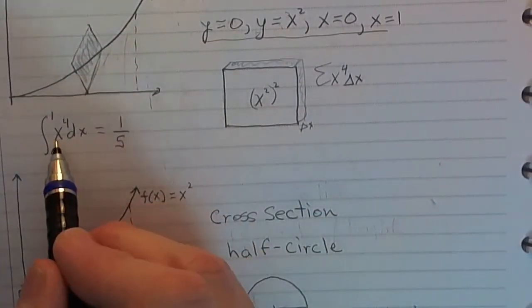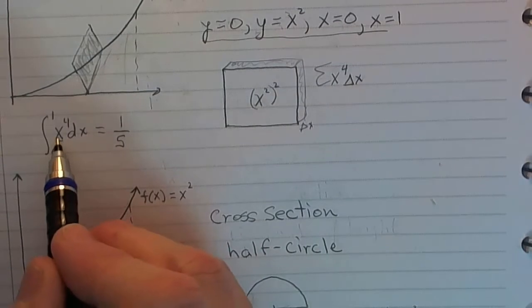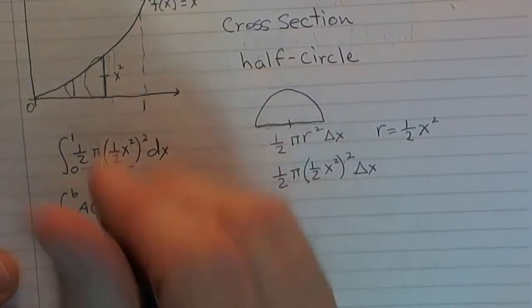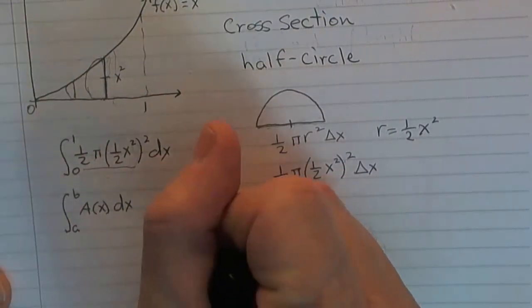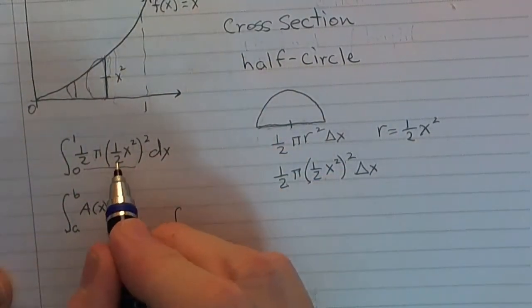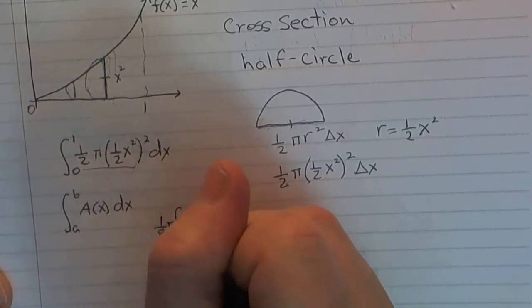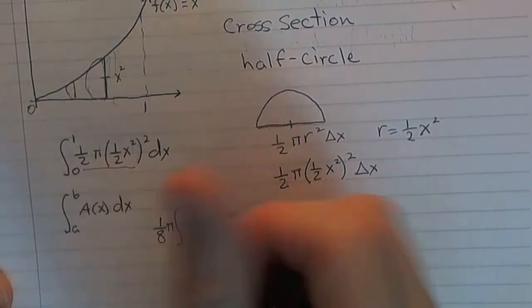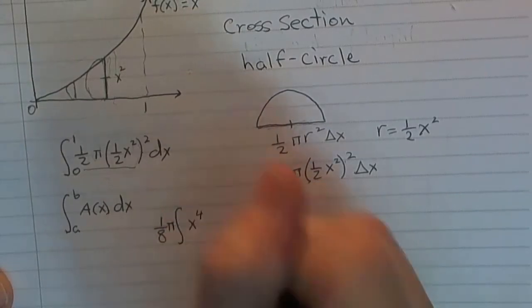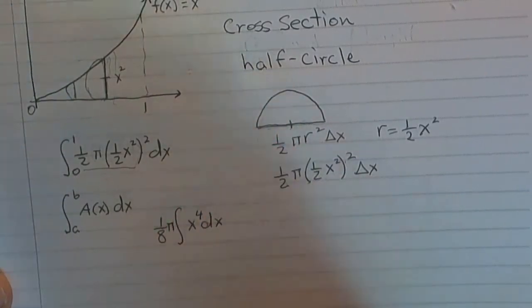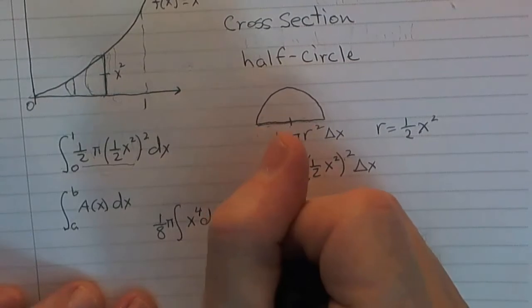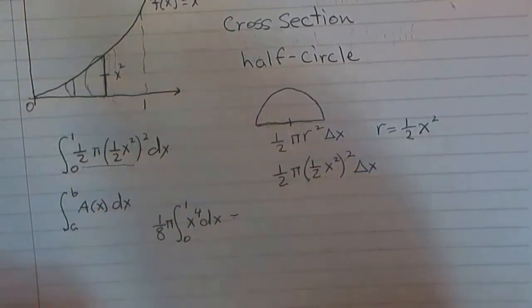Notice this is the area of the cross section. Up here, the area of the cross section was x squared squared. But that's how we do this. Now, to finish this off, this is 1/4 times 1/2, that's 1/8 pi. I just took all that out. x to the 4th dx, and of course, this goes from 0 to 1.